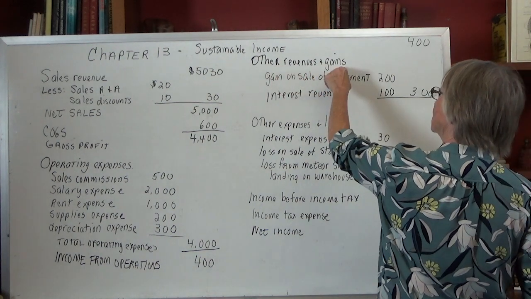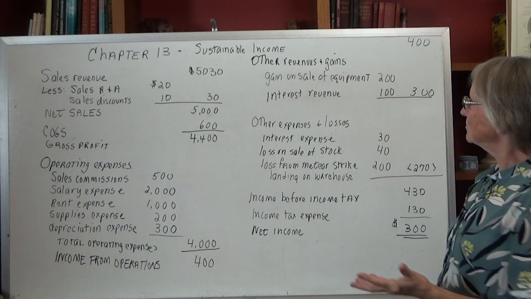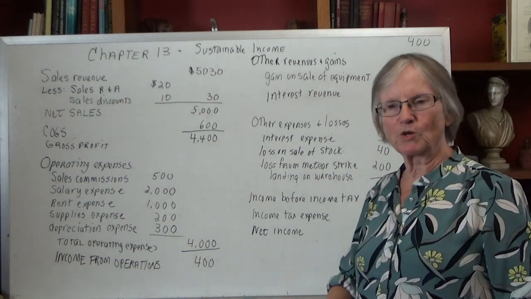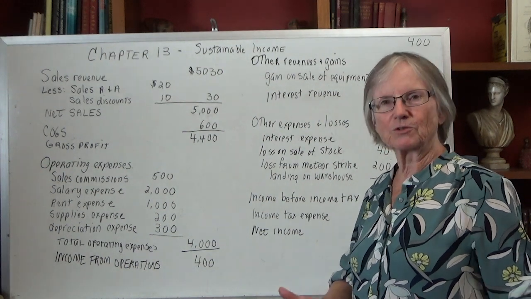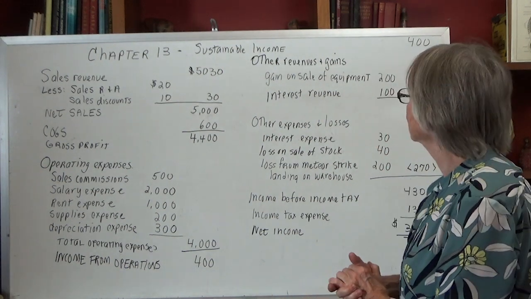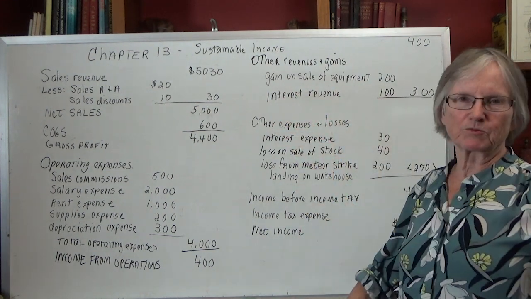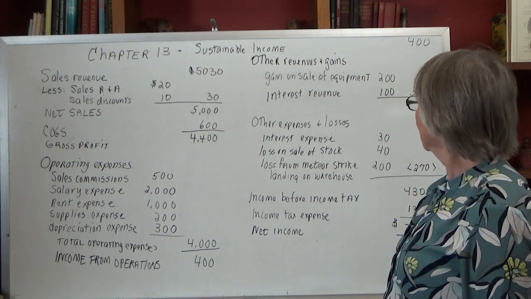You get other revenues and gains, and other expenses and losses. Examples of other revenues and gains: you might be selling off some equipment. That's not your main line of business, but you have to trade or sell your equipment off once in a while, so maybe there's a gain on the sale of equipment. Perhaps you've got some interest revenue earned on investments or various accounts.